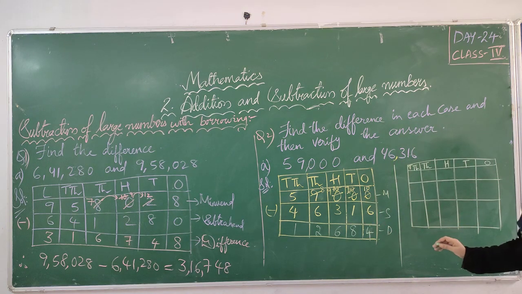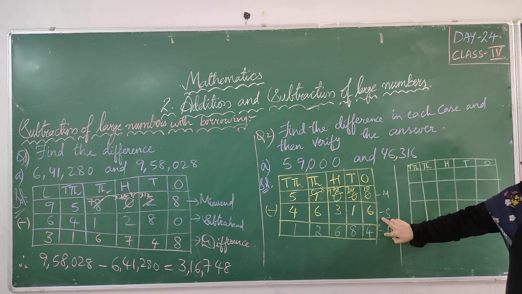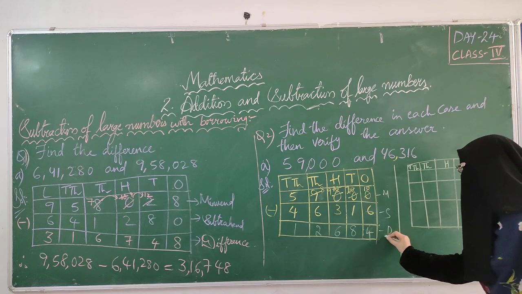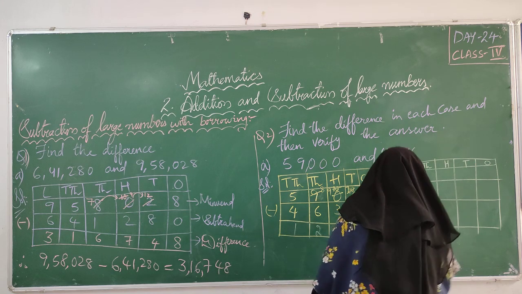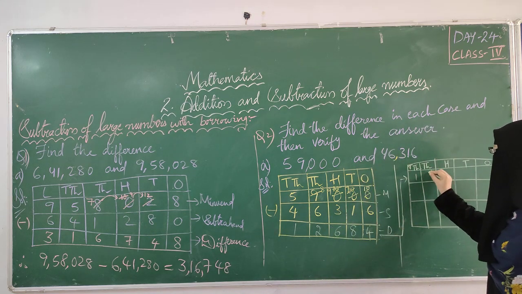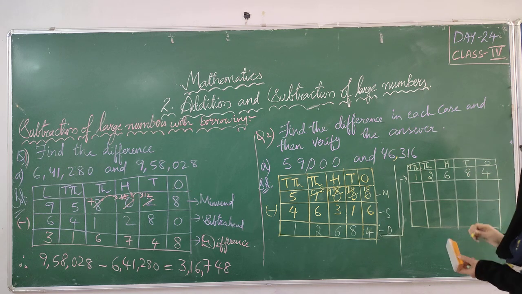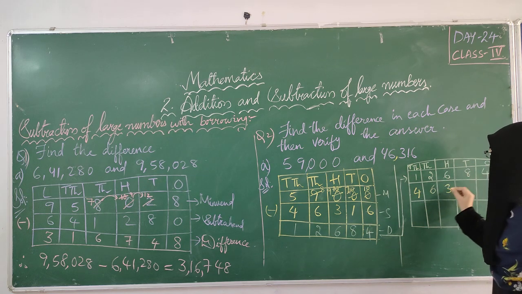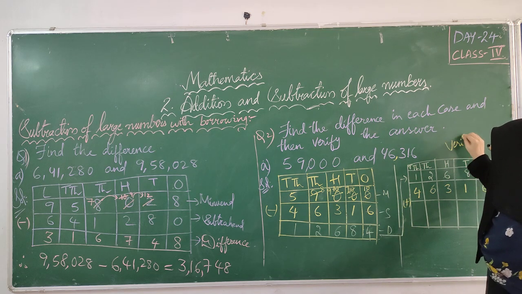In order to verify we got the correct answer, we have to add the difference and the subtrahend. We will get the minuend. What is our difference? 12,684. What is our subtrahend? 46,316. Then add this. This is for verification.